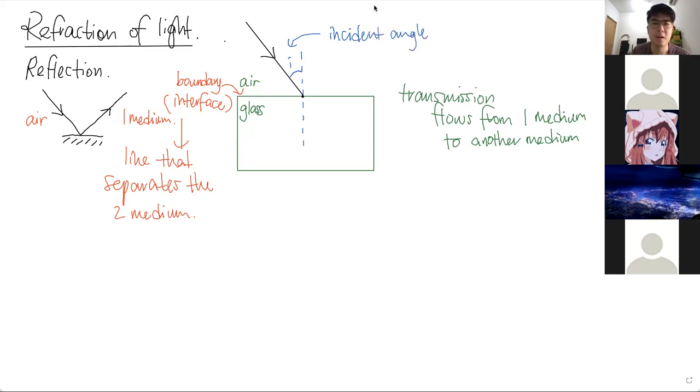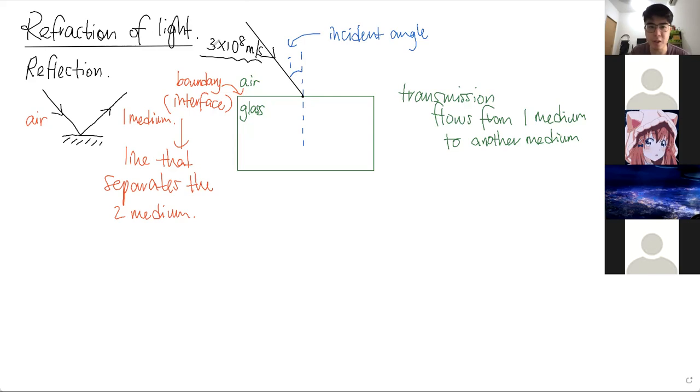Right. Now, how does the light travel in the glass block? What will change? You see, the speed of light is 3 × 10⁸ meters per second.